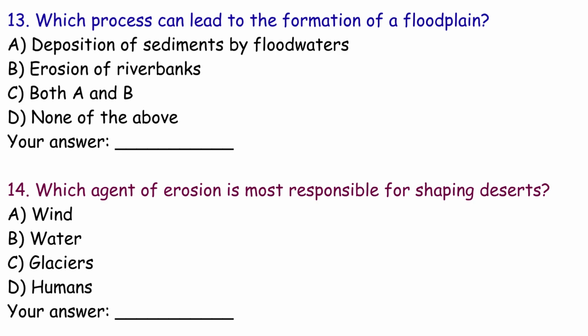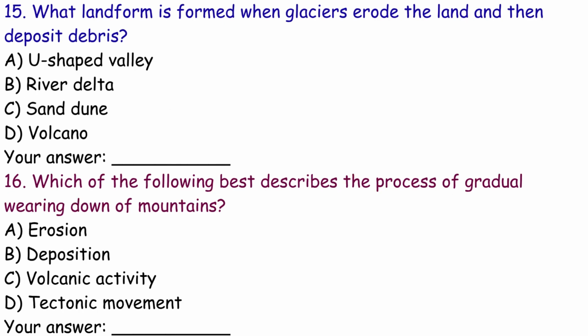14. Which agent of erosion is most responsible for shaping deserts? A. Wind. B. Water. C. Glacier. D. Humans. Your answer. 15. What landform is formed when glaciers erode the land and then deposit debris? A. U-shaped valley.